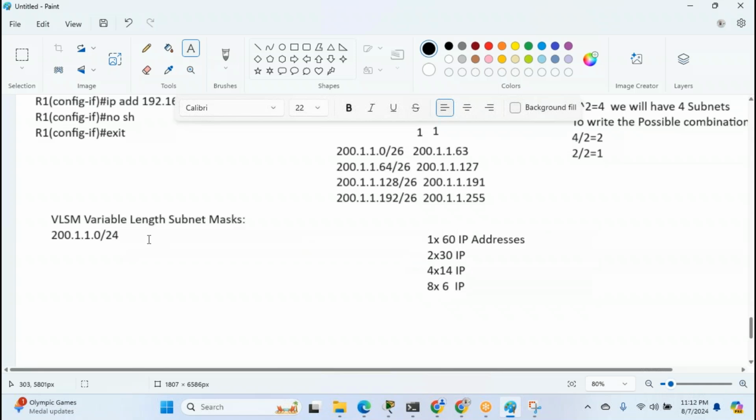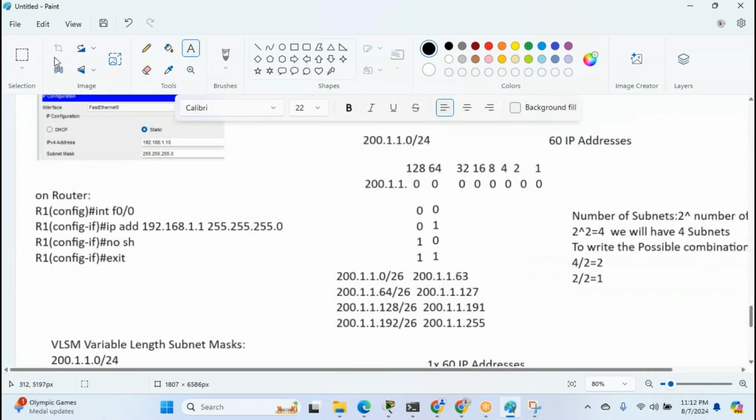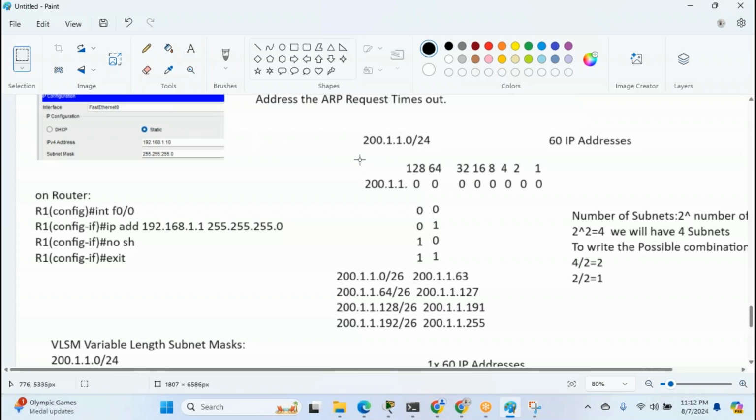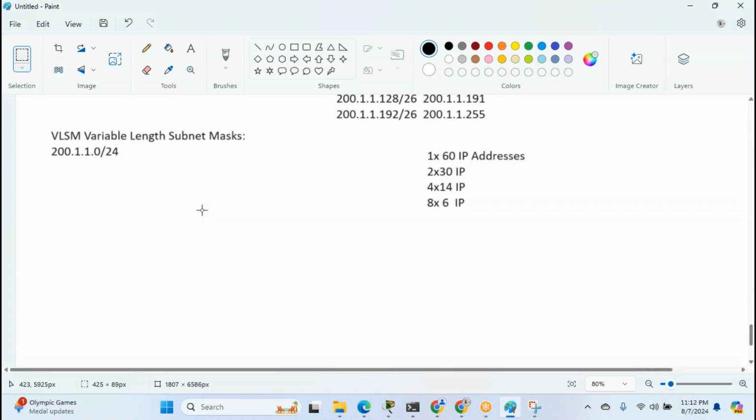So now what we will do is we will choose the scale. First of all, we have to look for the highest number of IP addresses, which is 60. For 60, we have to do the subnetting of 2 bits.